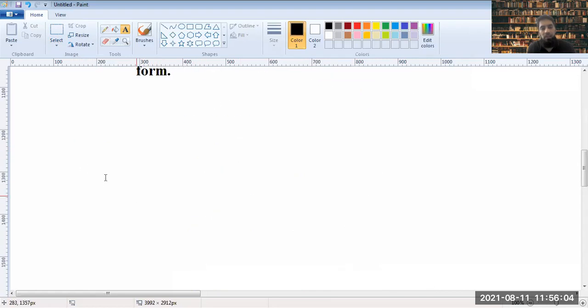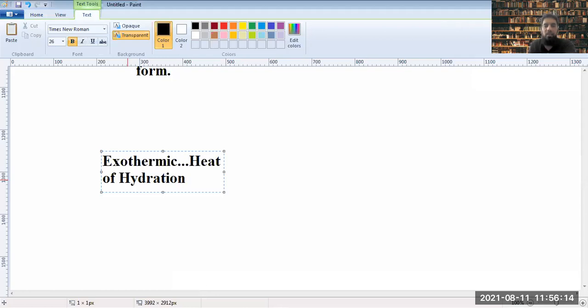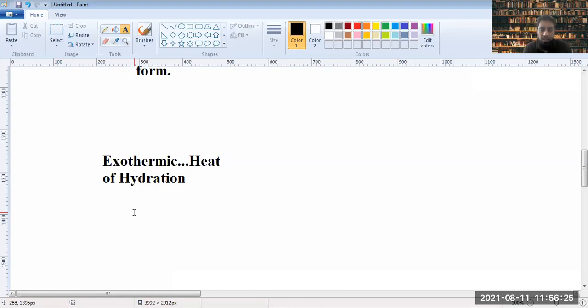You have something like, this is an exothermic reaction. So you always get heat of hydration. You're getting heat of hydration from this reaction. Now, what is heat of hydration? It is the heat that is generated from this process, this chemical reaction.